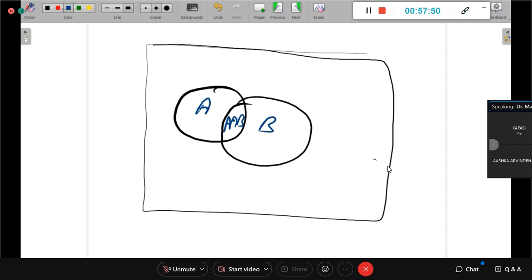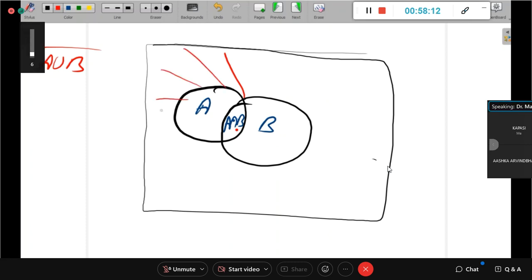Now what you want is A union B complement. A union B is this complete one, A and B together. And A union B complement is everything outside.